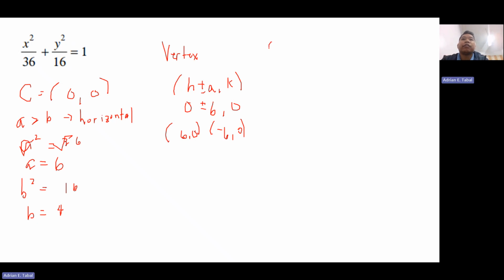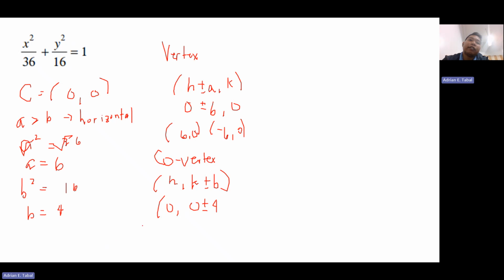For the co-vertices, since this is a horizontal ellipse, the formula is H, K plus or minus B. Then we have H is 0, K is 0 plus or minus 4.